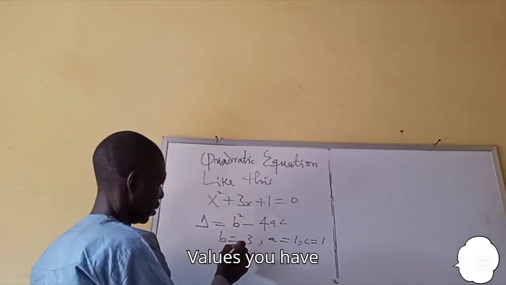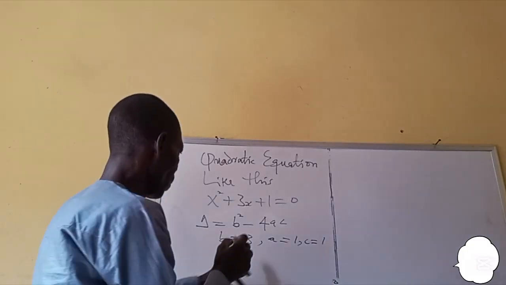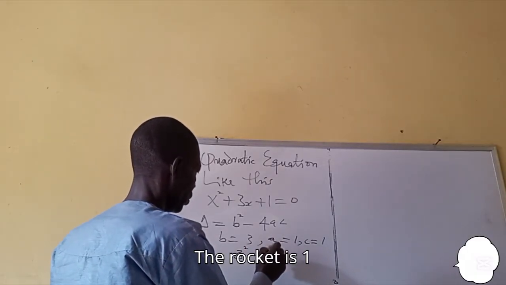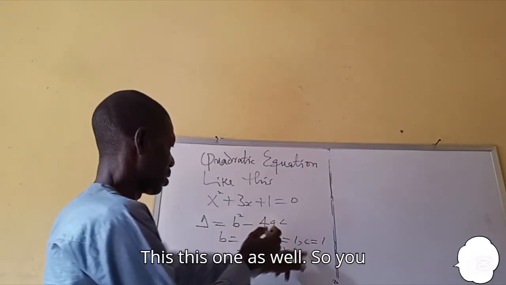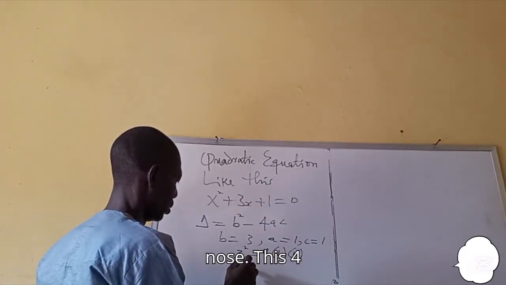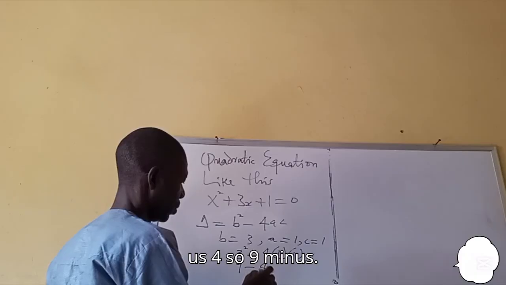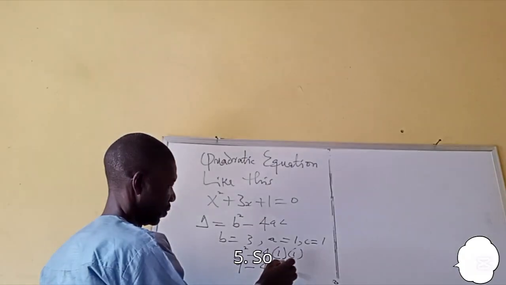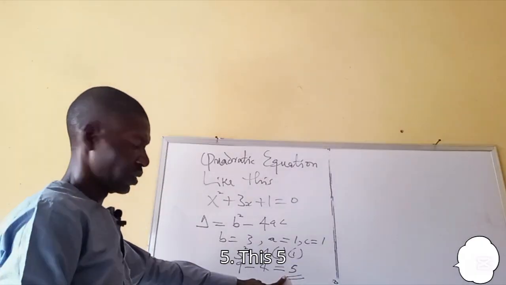You have 3 squared minus 4 times a, which is 1, times c, which is 1 as well. So you have 9 minus 4 times 1 times 1, which gives us 4. So 9 minus 4, that is 5. So this is 5.